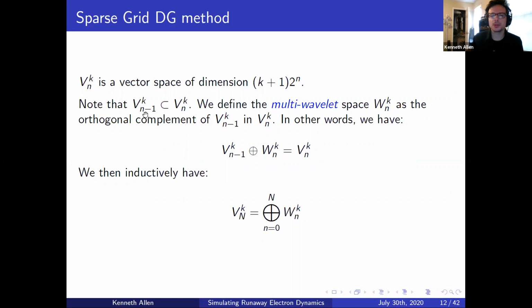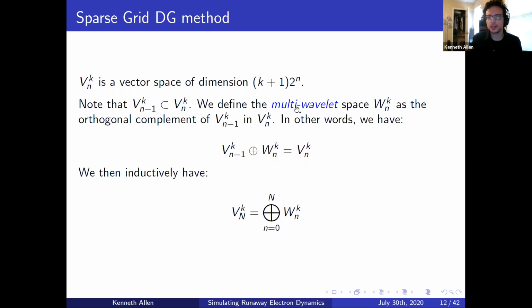One property of this vector space is that V_{n-1}^k is contained in V_n^k. In other words, if we have 2 to the n minus 1 partitions, that's a subset of the 2 to the n partitions. So that's how we get this inclusion.